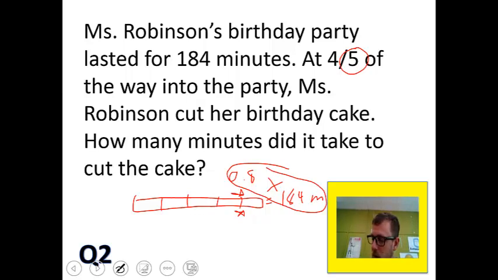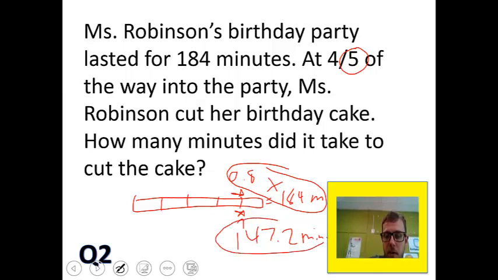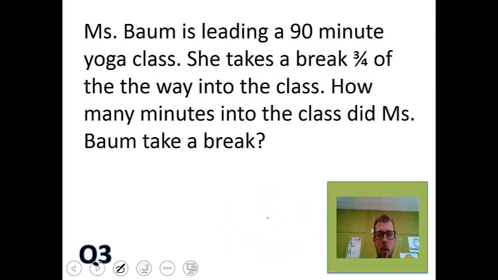So 184 times 0.8 is 147.2 minutes. So that means she cut her birthday cake without me 147 and 2/10 minutes in. All right, try this one.